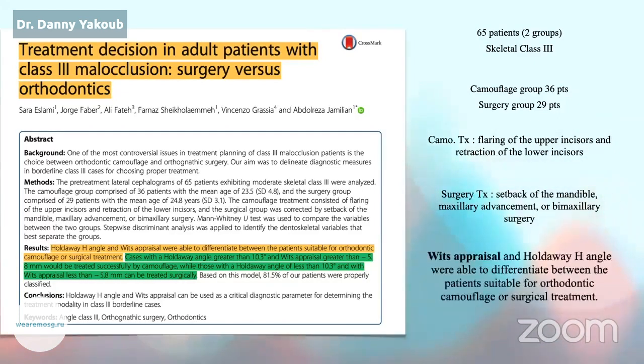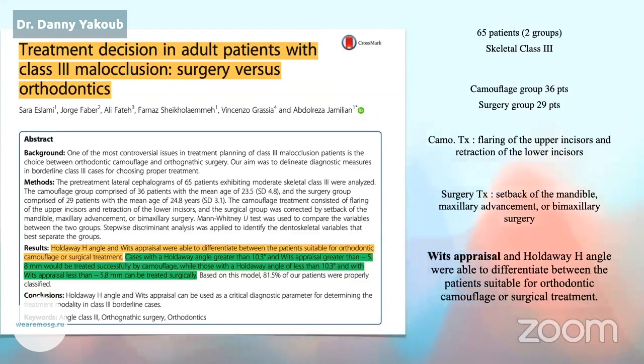The results showed that we have 2 important parameters. The first one was the Wits appraisal. The second one is the Holdaway angle. We're not going to dive too deep into the Holdaway angle, to make it a little bit simpler.